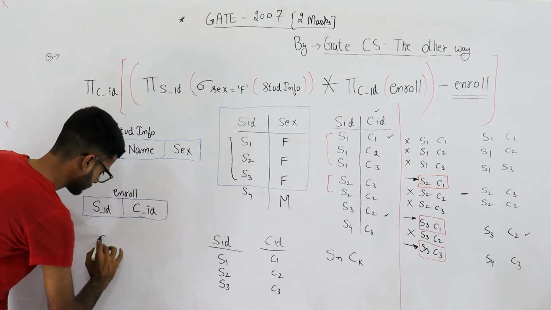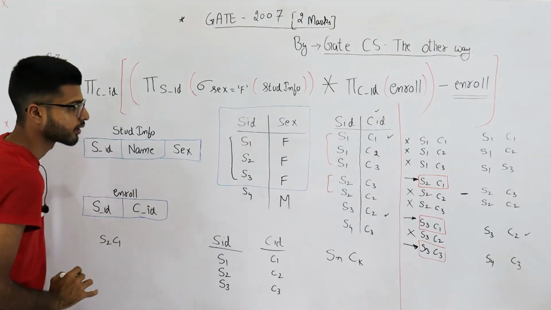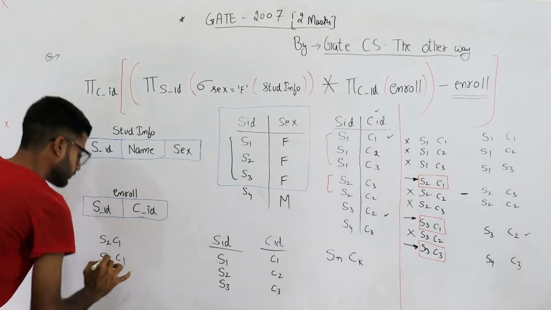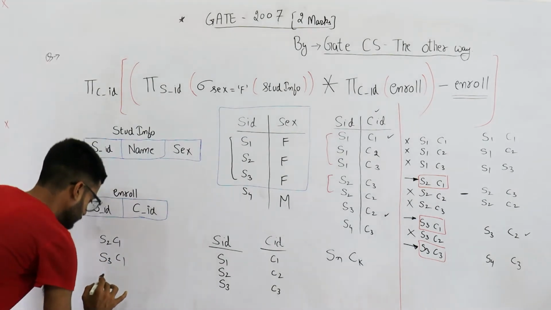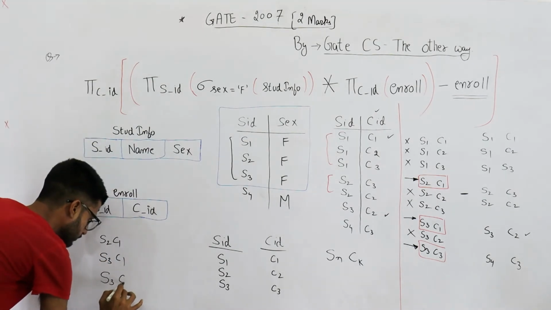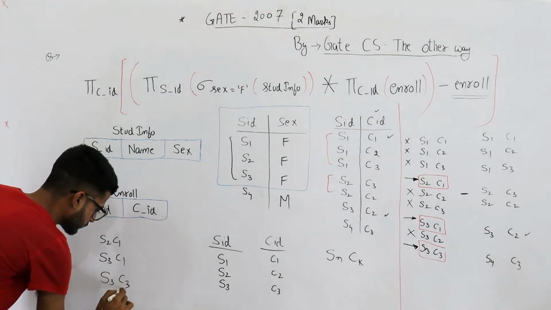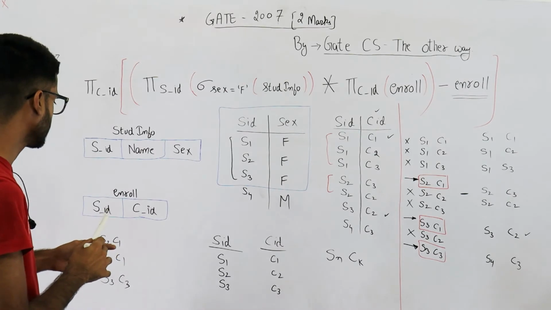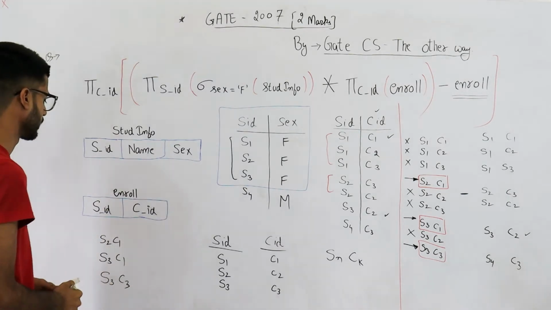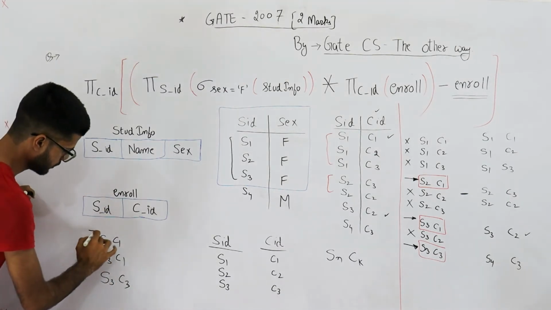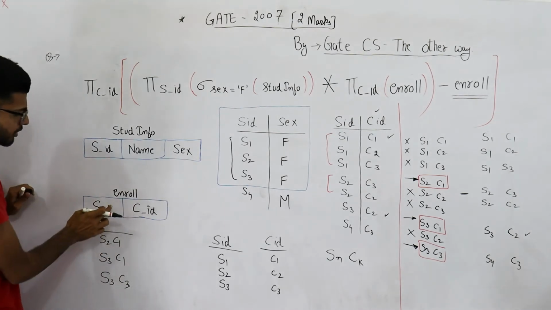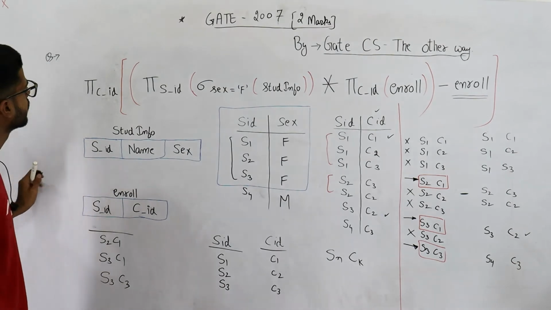S2C1, S3C1, S3C3. Yeah. This is the resultant table. Its schema will be student ID and course ID. This one only, yeah. Student ID, course ID.